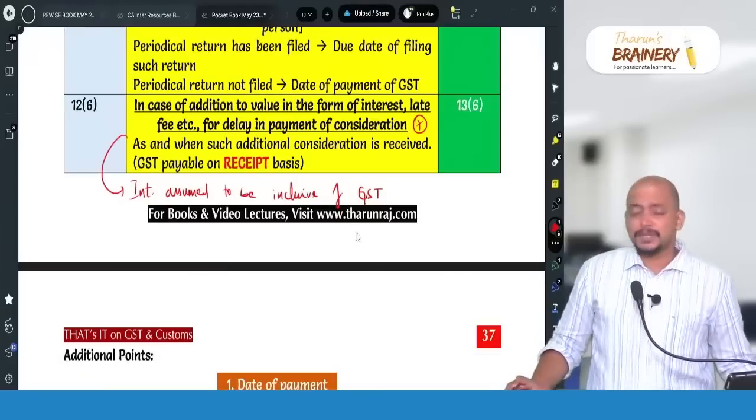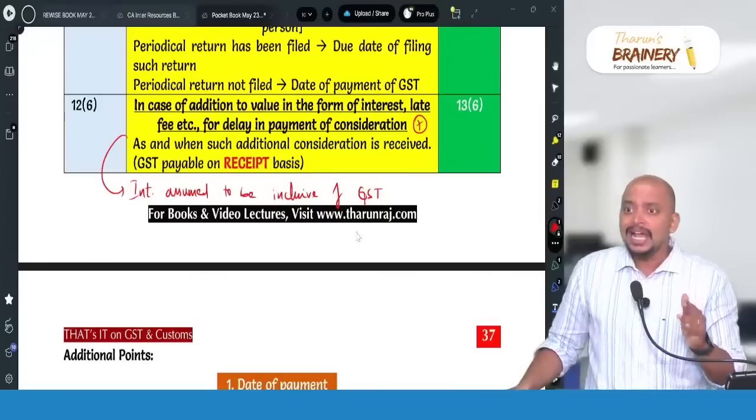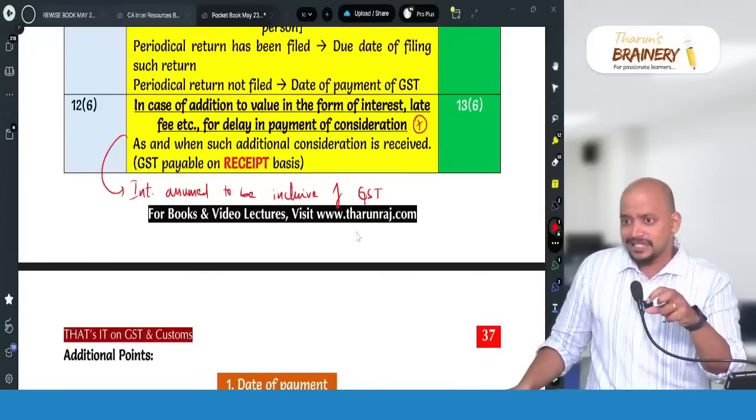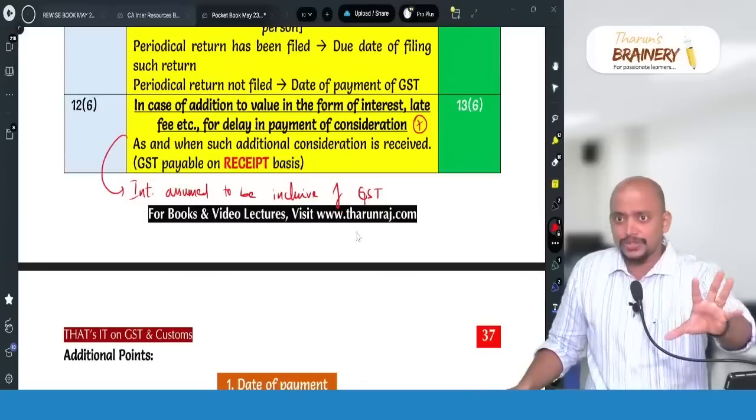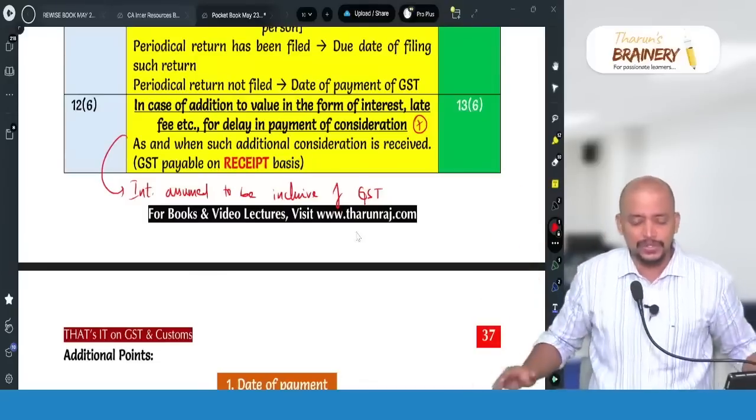Suppose the question specifically says that interest is exclusive of GST, you take it as exclusive of GST. And if it is clearly given that interest is inclusive of GST, you take it as inclusive. When the question is silent, I am telling you, always assume it to be inclusive of GST.